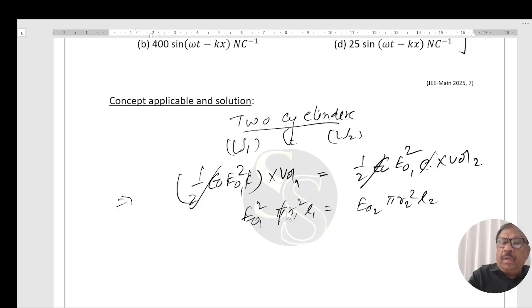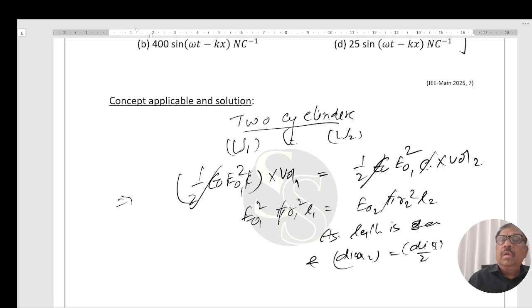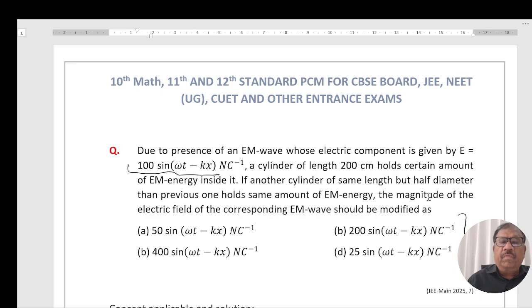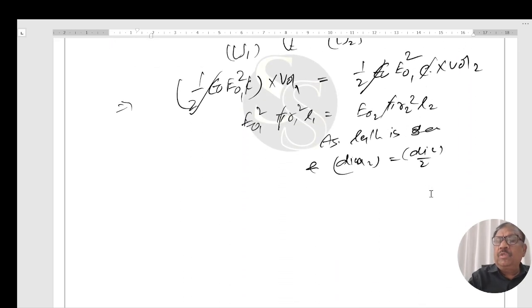So this pi goes, as length is same, and diameter 2 equals half of the diameter of the previous one. Means R2 will be R1 by 2. Right? R2 will be R1 by 2.